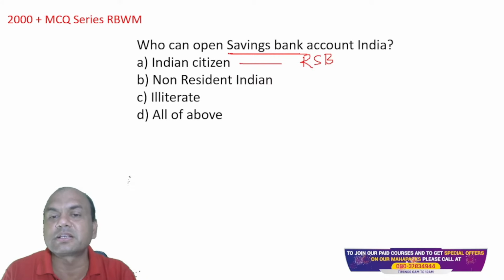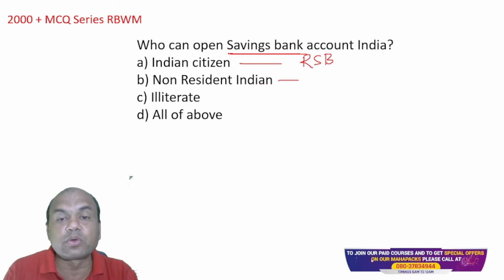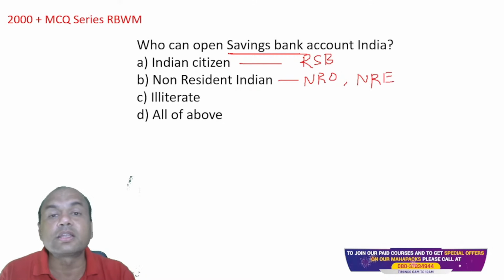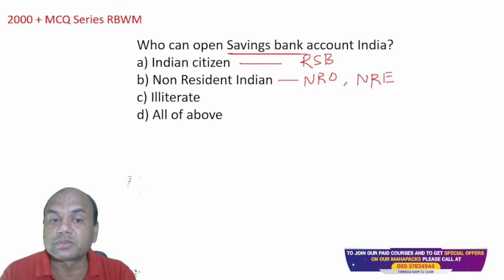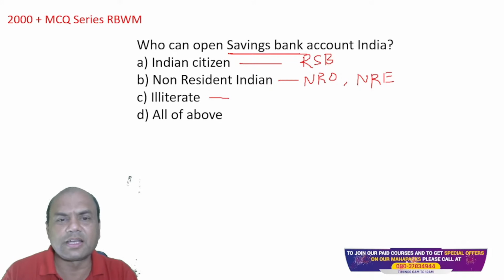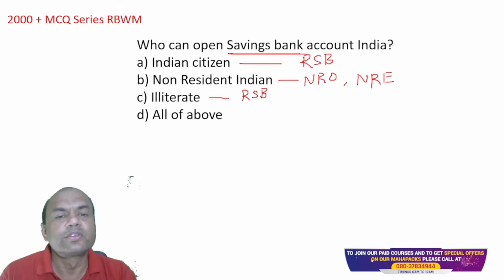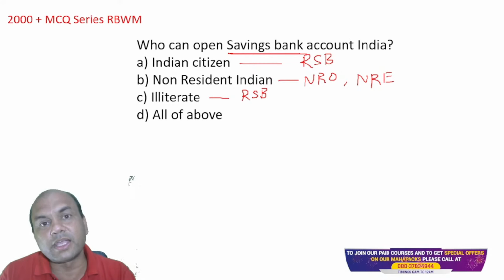When an NRI opens the savings account, it can be two types, NRO or NRE. Both are allowed. Non-resident external and non-resident ordinary. Both these are non-resident accounts. Illiterate, yes, obviously, that is RSB only. So anyone can open the savings account, any eligible person.